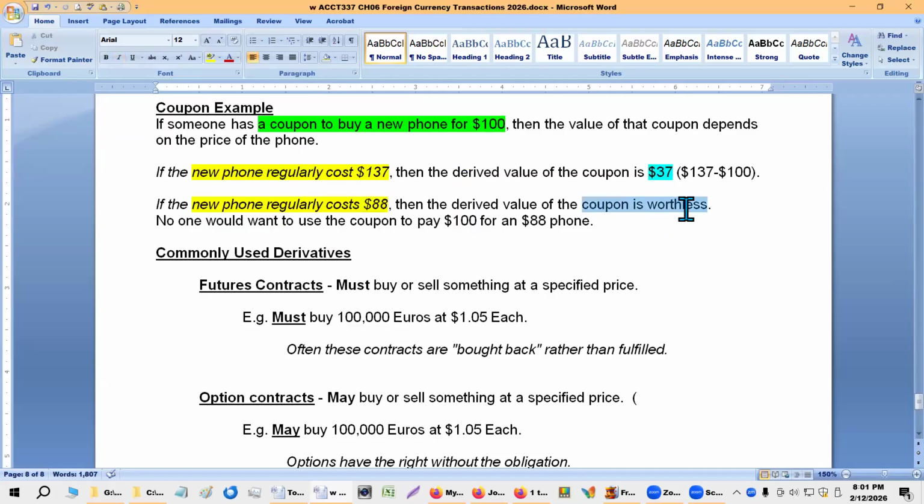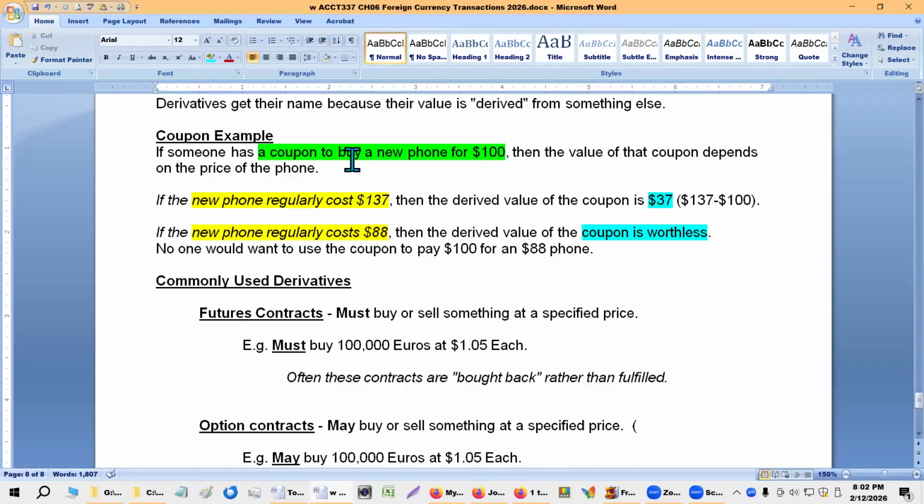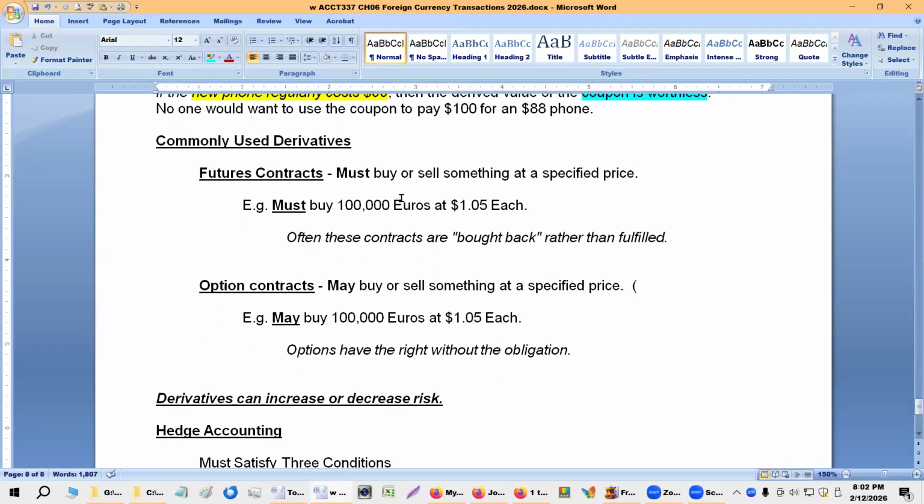Why would you use a coupon to buy a phone for $100 when you can buy it for 88? So again, it could be that the derived value is zero. A coupon to buy a phone for $100 when it only costs 88 isn't worth anything. So derivatives means that it's derived from something else.